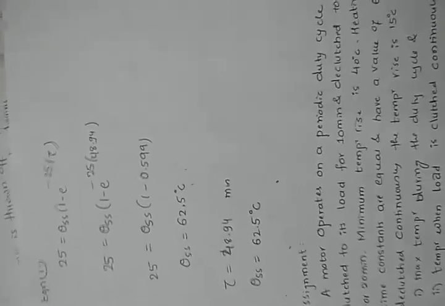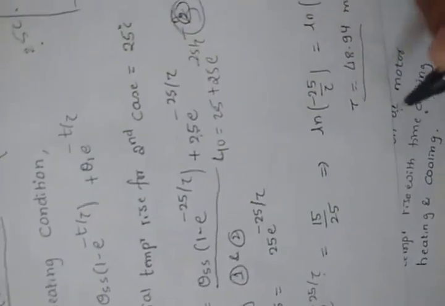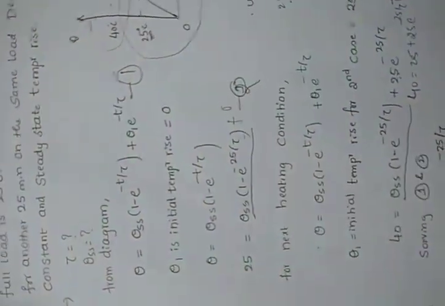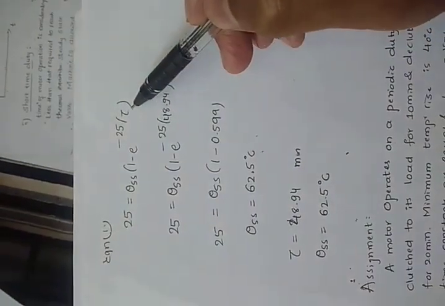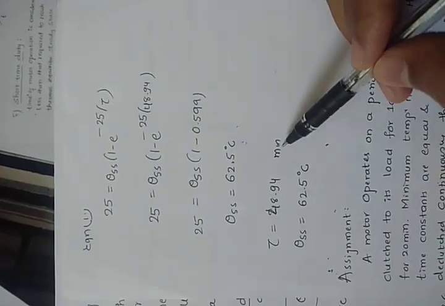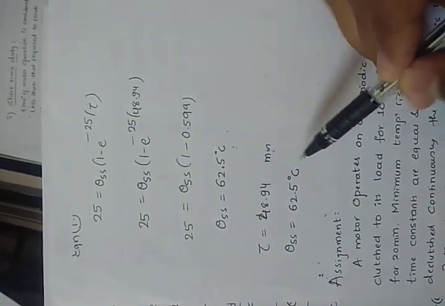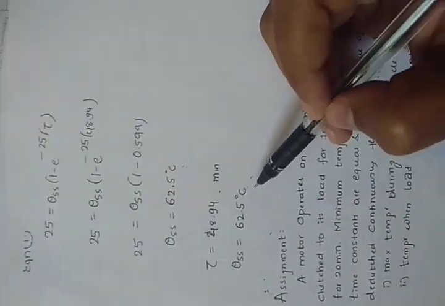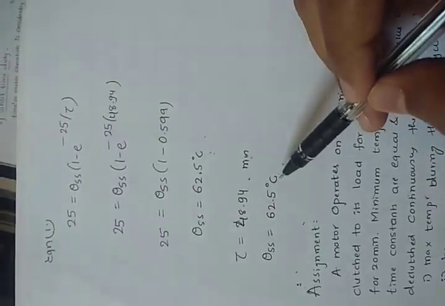Then this tau, which we have calculated, we substitute in equation number 1 to get theta SS. So with the 48.94 substituted, we get theta SS. Tau is the time constant, and theta SS is the steady state temperature rise, which should always be in degrees.